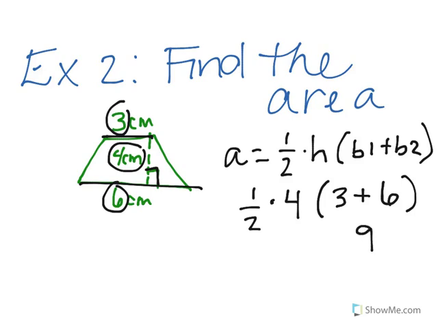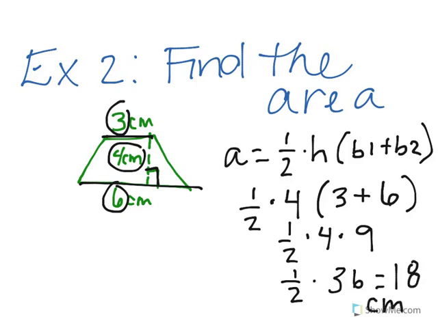I'm going to bring down everything that I haven't used, so 9 times 4 times 1/2. Let's make this easy: 4 times 9 is 36, and 1/2 times 36, half of 36, is 18. My units here were centimeters, so I'm going to say 18 centimeters, and area is always to the second power.